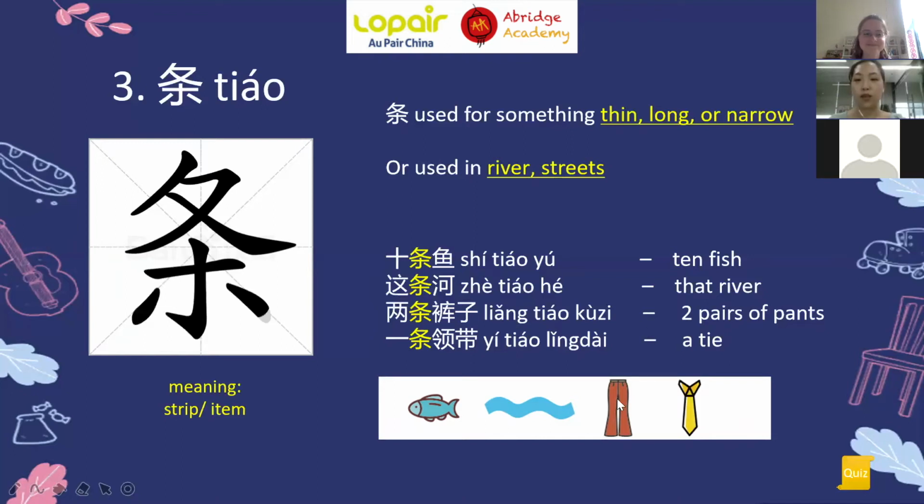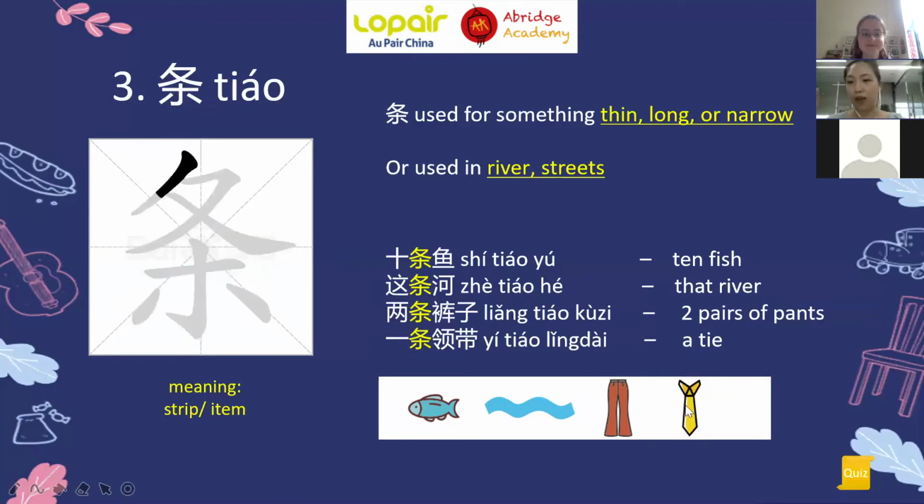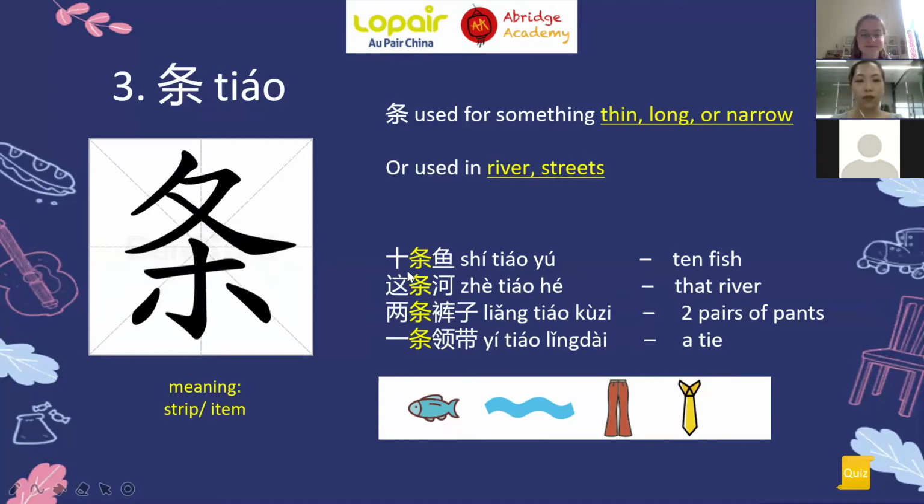You see, trousers are a long, narrow, thin shape. And the last one, 一条领带, a tie, also a narrow, long thing. So all use 条 as the measure word. Okay, so 条. All right.